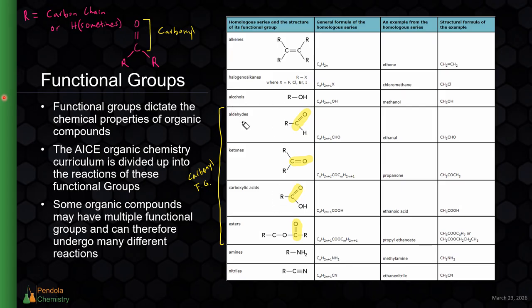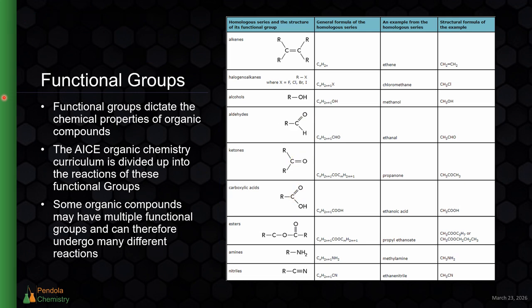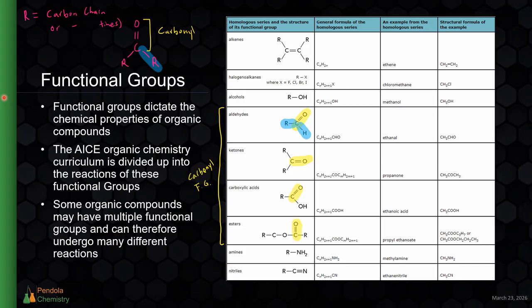So for an aldehyde, your R group, which I'm going to put here in blue, is going to be a hydrogen on one side, and then on the other side, just a carbon chain. So in this case, one of them is hydrogen, one of them is an R group.